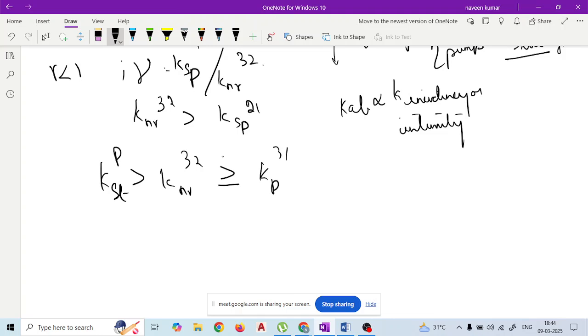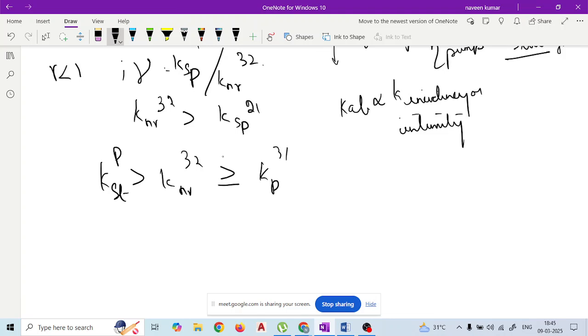When we are looking at the reservoir, we want a medium where the K_NR for the molecule's transition either from 3 to 1 or 3 to 2 is really high. You can do that by cleverly changing the matrix in which these molecules are embedded, in solid-state lasers, or in a solution by changing the solvent properties.